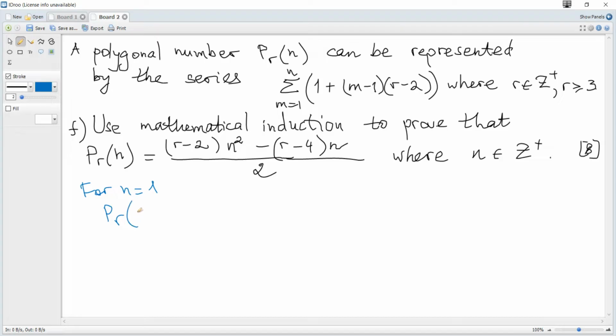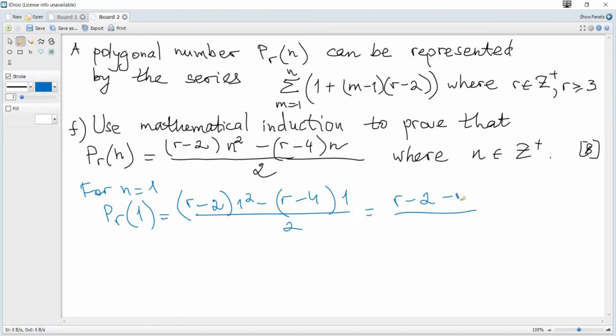Pr of 1 becomes ((r minus 2) times 1 squared minus (r minus 4) times 1) over 2, and we can see that it's (r minus 2 minus r plus 4) over 2, which is 1. This is true because for any polygonal number the first number is 1. So Pr of 1 is 1. It's true. So it's true for n is 1.